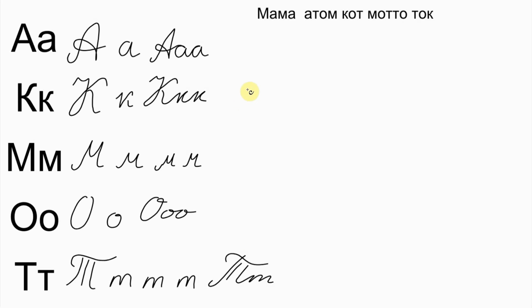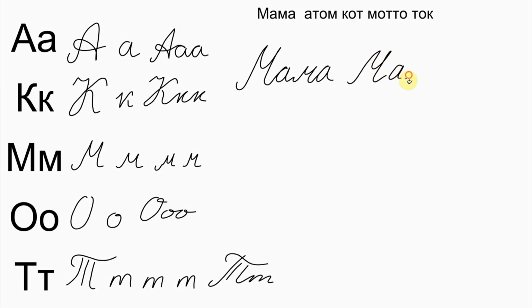Some children learn it in the first 2 grades in a Russian school, but it won't make you any big problems. Let's try to write these 5 words. The first one, mama, mother. Ma. You also can write it in basically the English way, namely that you can separate the letters.